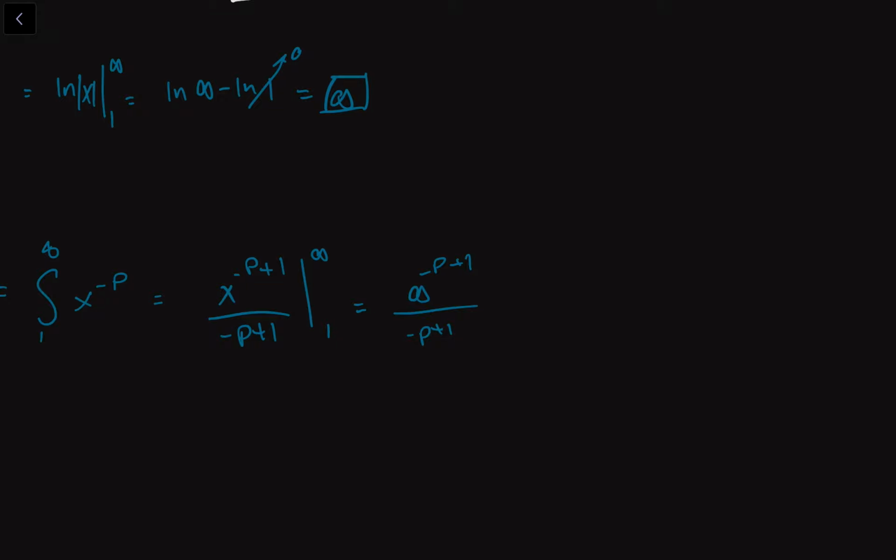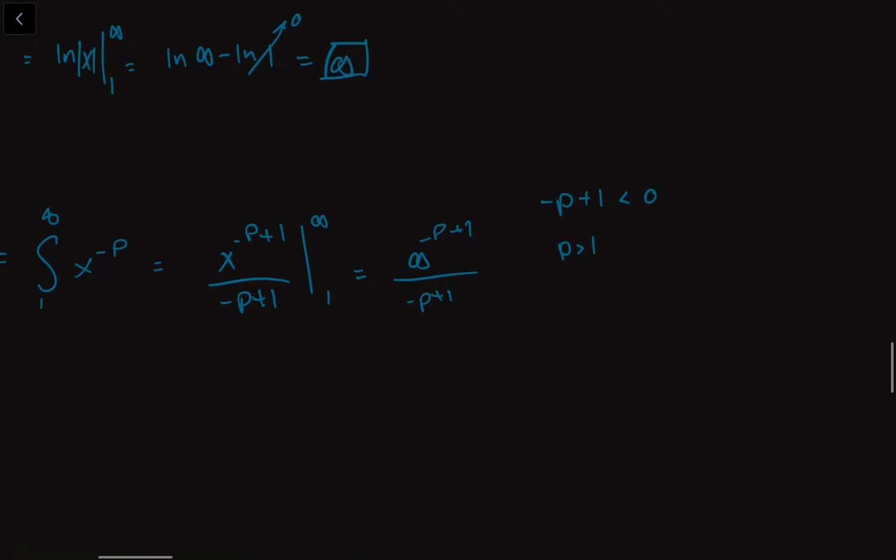When it can become a finite 0 versus an infinite number with that infinity up top. So when will that infinity swing to the bottom? How about when it has a negative exponent, right? In other words, add the p to the other side. When p is greater than 1 is when that infinity will swing to the bottom and the integral will converge.